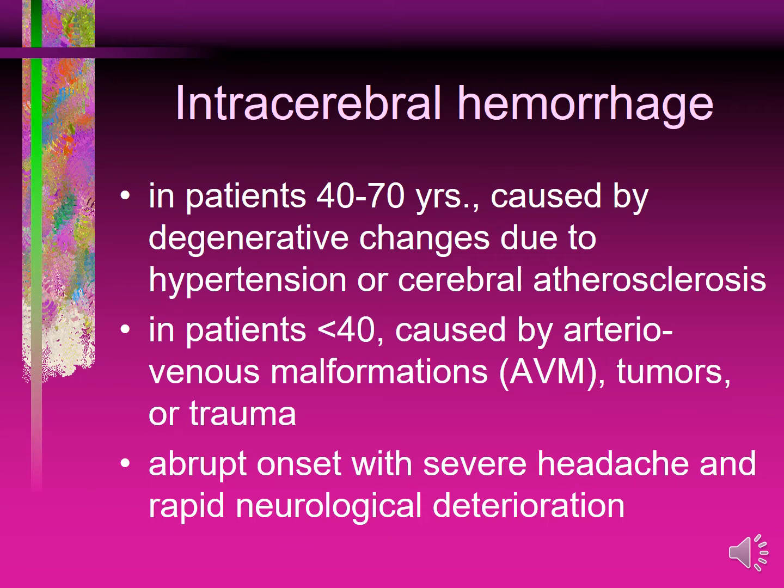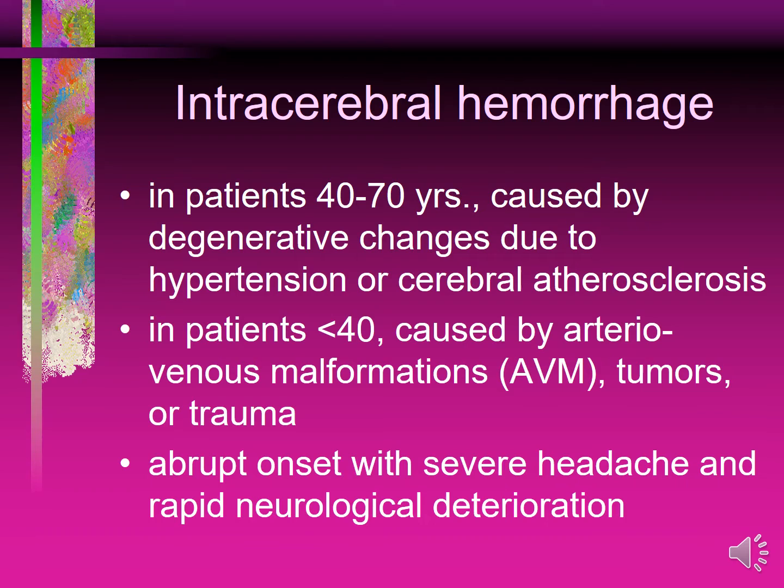An intracerebral hemorrhage is the one where the blood is leaking right into the brain tissue itself. These can occur in a patient of any age, but in patients who are 40 to 70 years old, they're usually caused by degenerative changes in the patient's blood vessels, either due to hypertension or cerebral atherosclerosis.